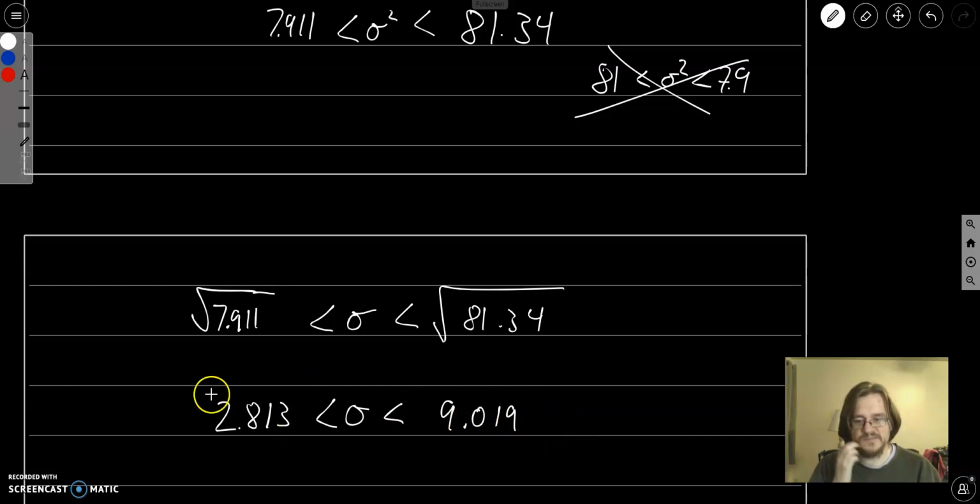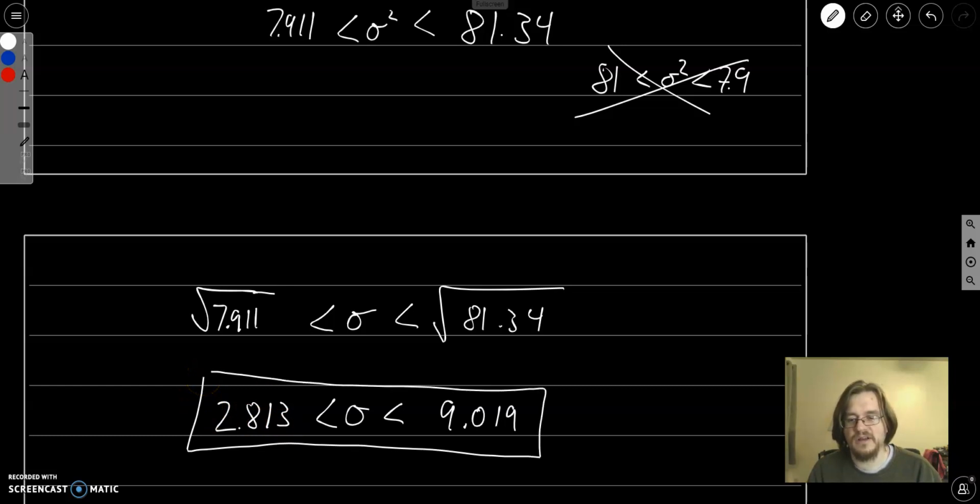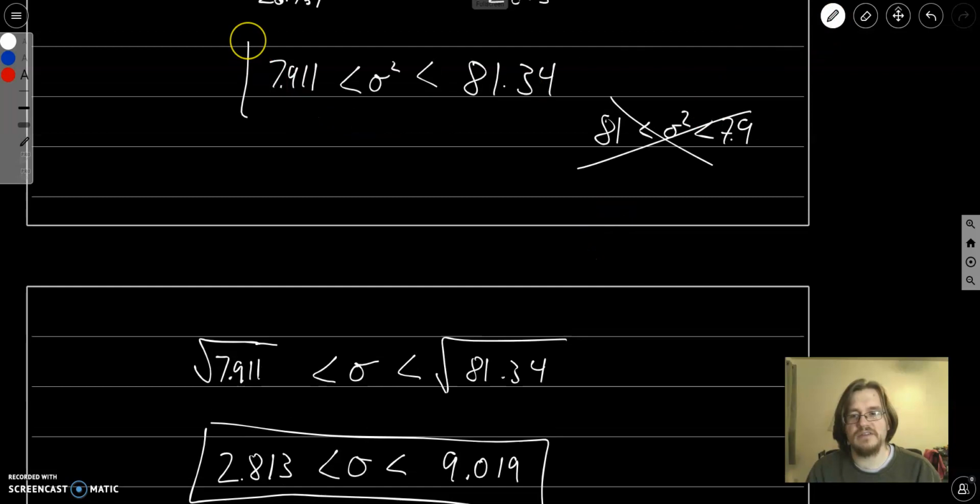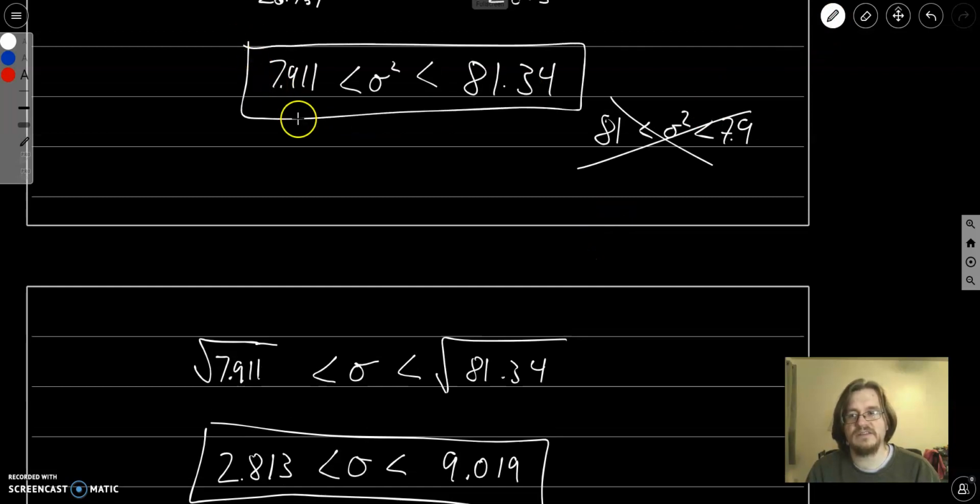So after a little bit of rounding, this is our confidence interval for sigma, which is our standard deviation, and we have our confidence interval for our variance.